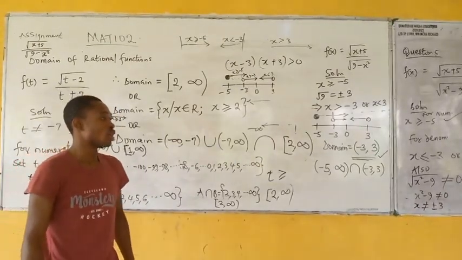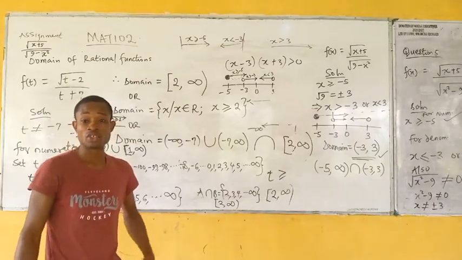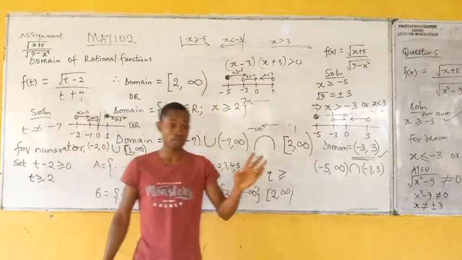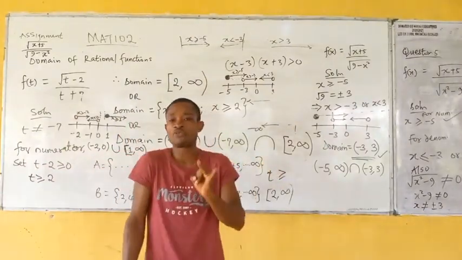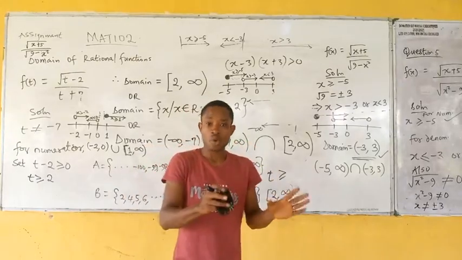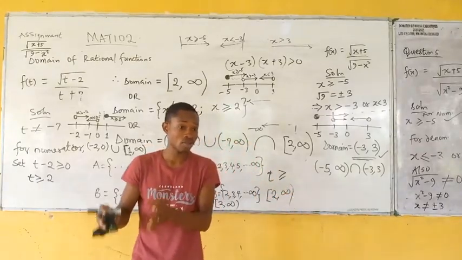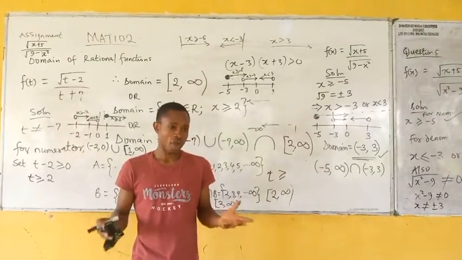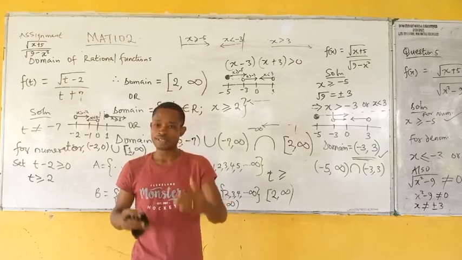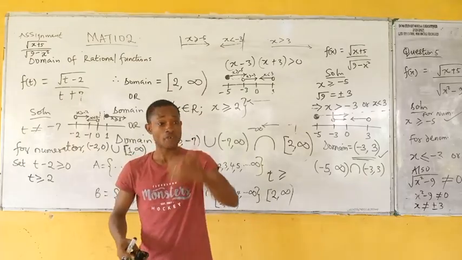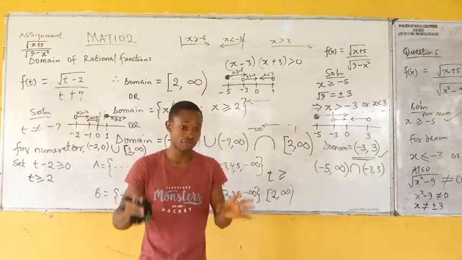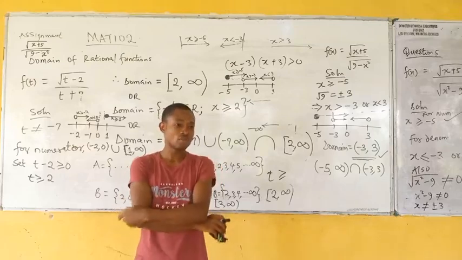Alright friends, we are done with the concept of domain, having solved questions on domain of polynomial function. That one was 1 plus 1, is that not so? Domain of radical function only. That one was also pretty 1 plus 1. Then domain of rational function. Not tough, but when you now start introducing radical function in rational function, you now see that the interpretation is no longer too funny, but is it difficult?